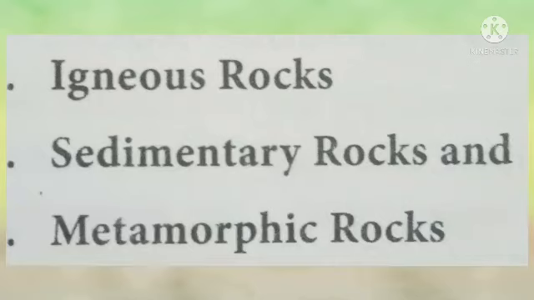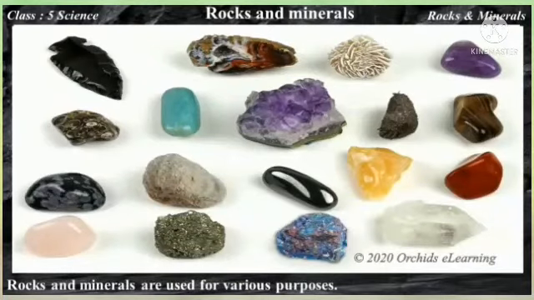On the basis of their formation, 3 kinds of rocks are present in the earth's crust. They are igneous rocks, sedimentary rocks and metamorphic rocks. Rocks and minerals are used for various purposes.